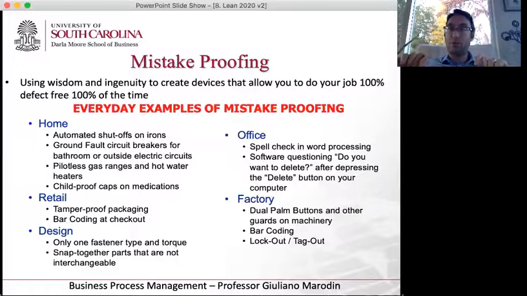Everything in your computer is the exact size that matches the things that you're going to put in, and that's mistake proofing. You cannot put the one in the wrong spot. You can think about mistake proofing in any process in your life, or every process step. How can we make it impossible or very difficult to make mistakes?